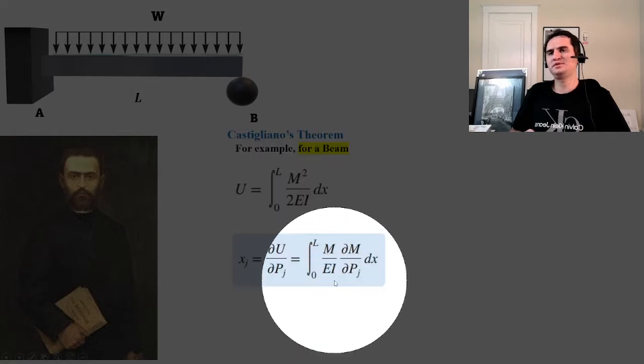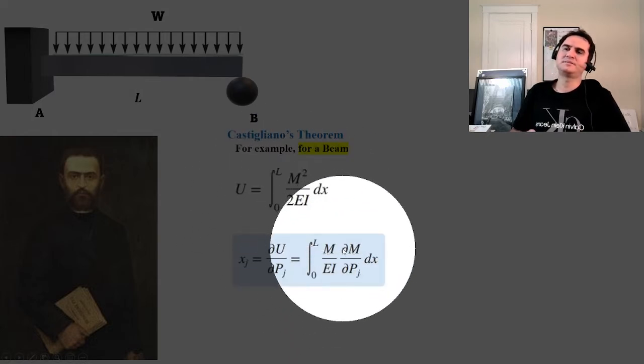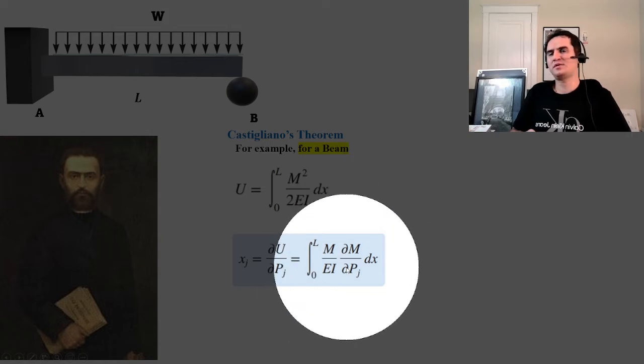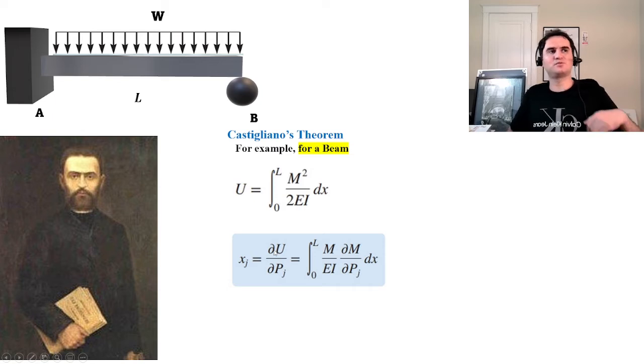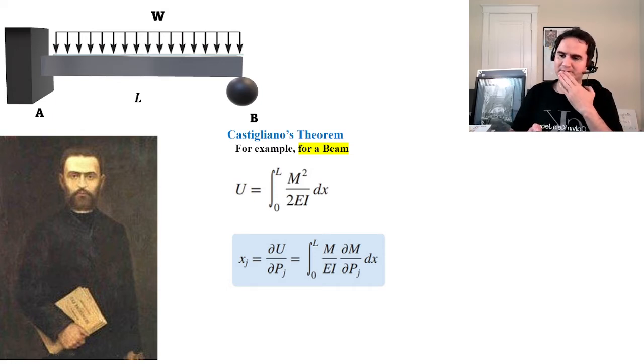The 2 and 2 cancel out, and then it's M over EI times the partial derivative of M over the partial derivative of P dx. That's a great approach and a huge simplification for many engineering problems.